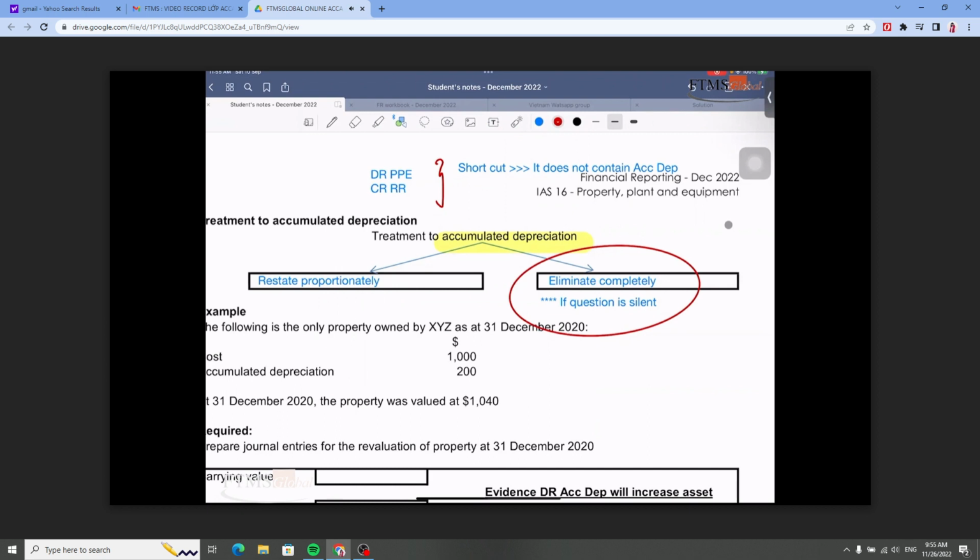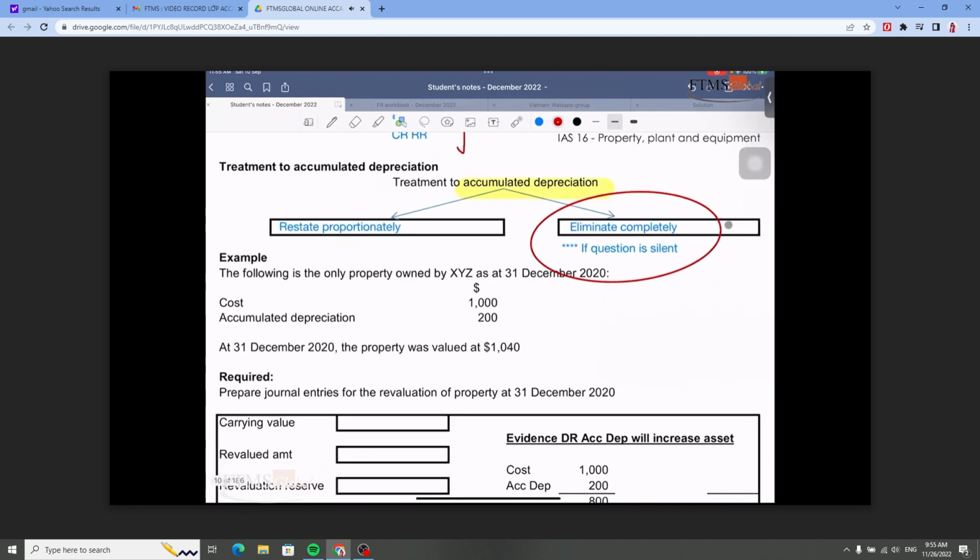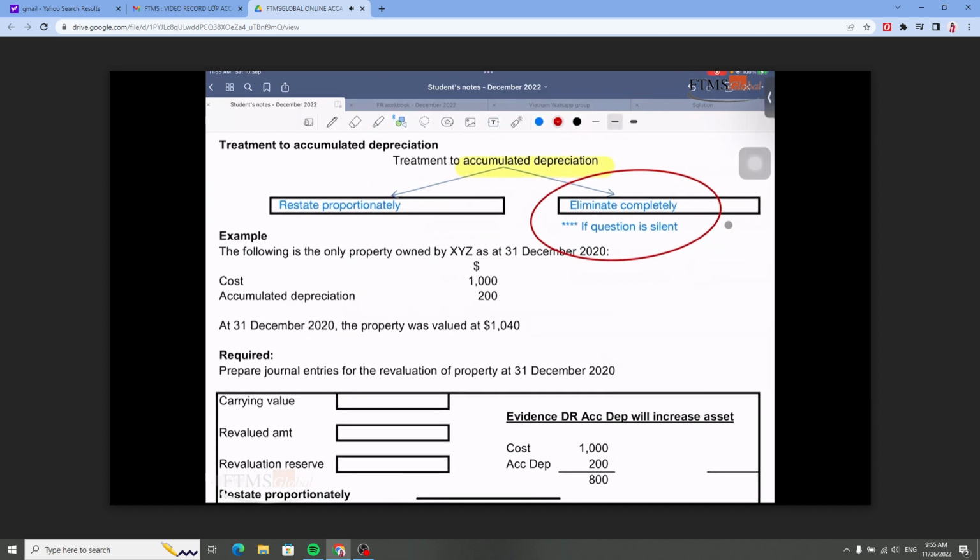Okay, so this is an example. Following is the only property owned by XYZ. Cost 1,000, accumulated depreciation 200. From here, we are able to calculate the carrying value is 800. No problem, correct?